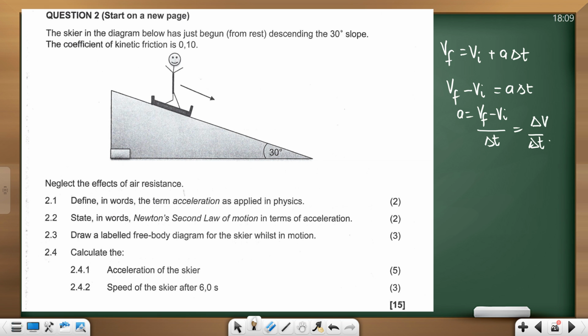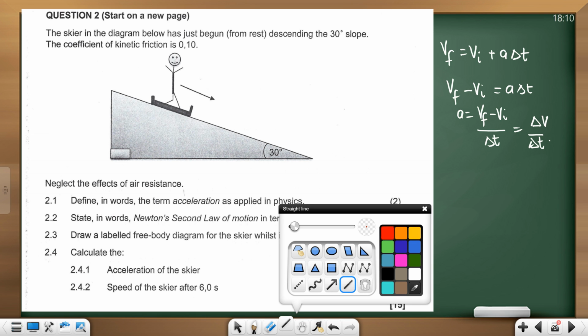We okay? Everybody, answer 2.2 quickly. I'm going to add another question to that 2.2.